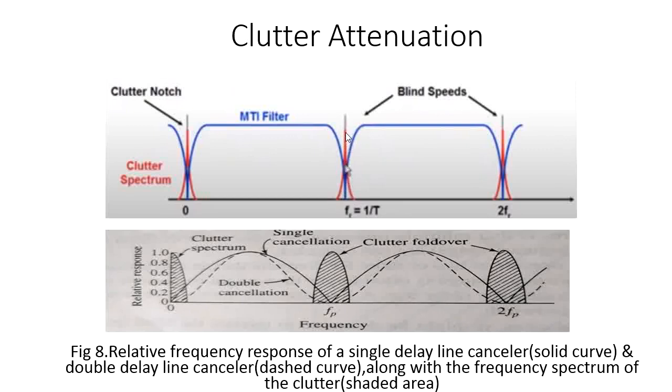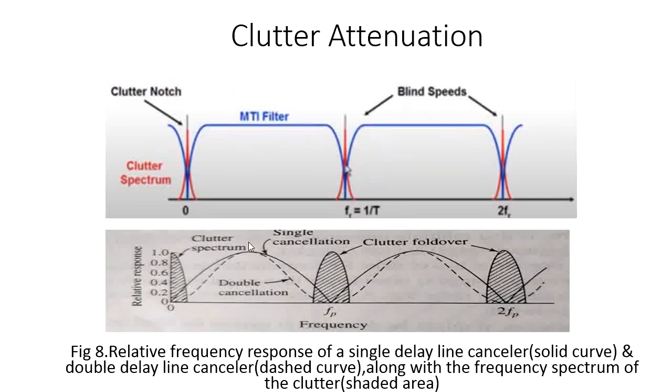This delta function we call a clutter notch. In the ideal case, the clutter signal is present at various periods of the waveform.